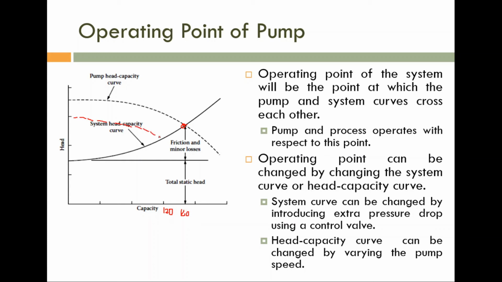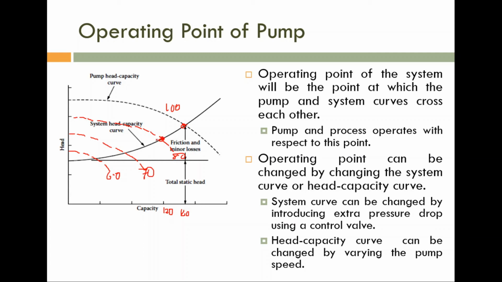With the decrease of the speed of rotation of the impeller, the pump curve is shifted downward. We can say this is 100% speed, this is 80% speed, this is 70% speed, this is 60% speed. So what is happening? If you are decreasing the speed of rotation of the pump, the intersecting point is changed.